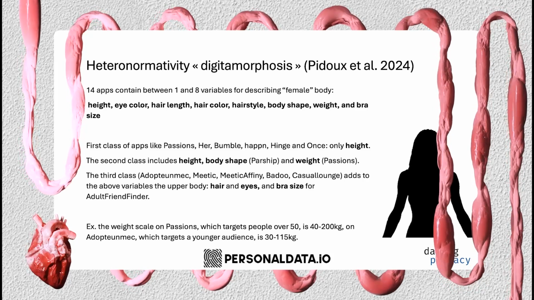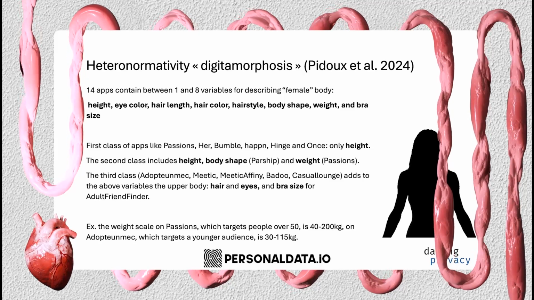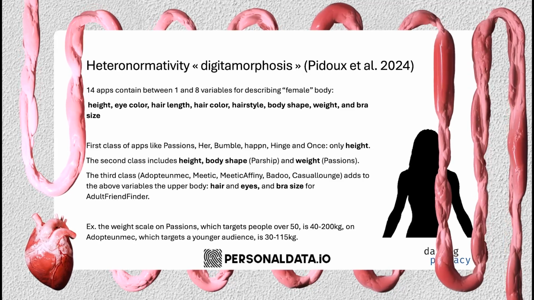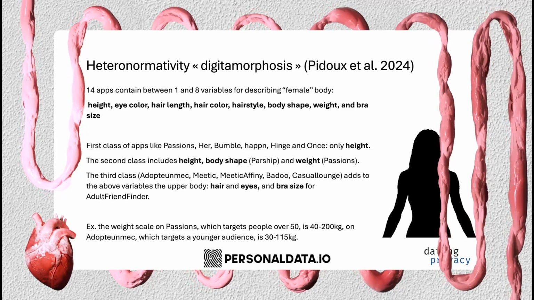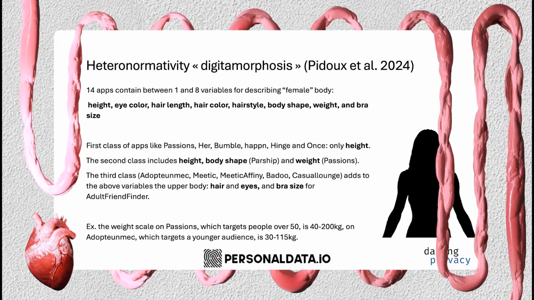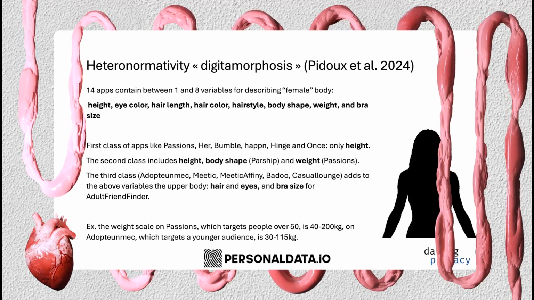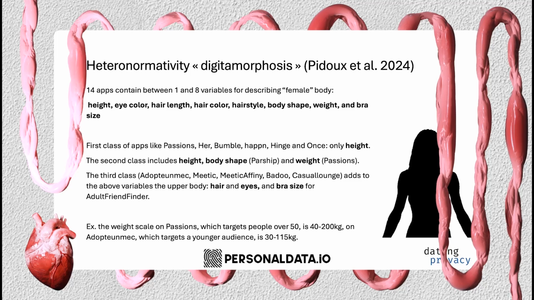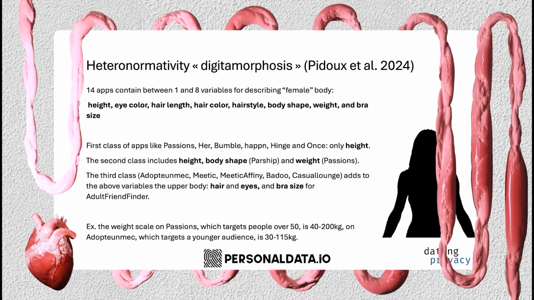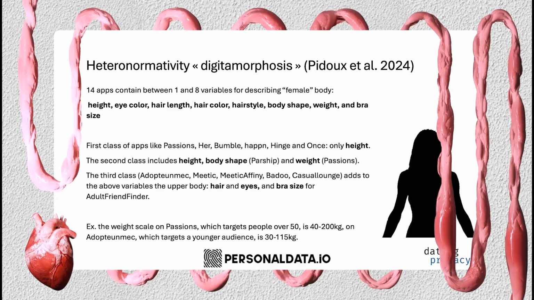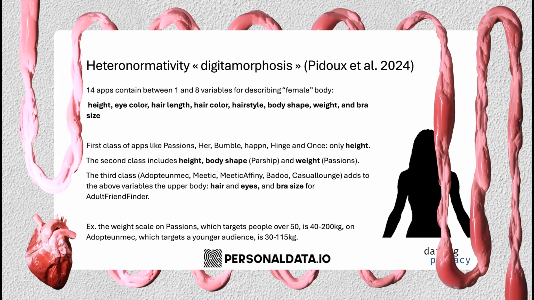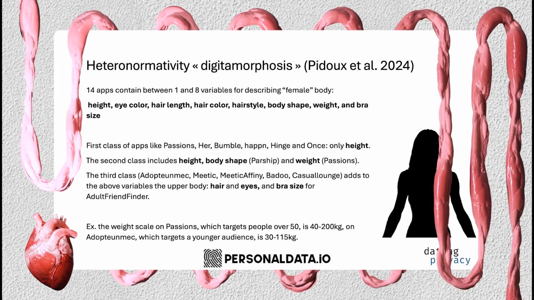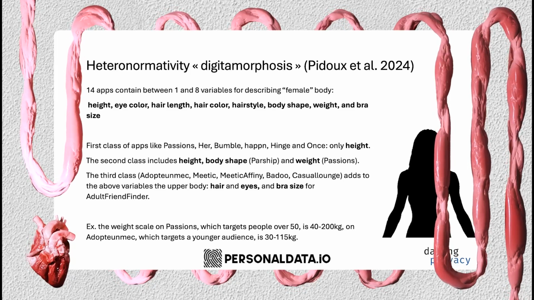We call it digitamorphosis, because it's about how we describe in a numerical format, also with categories. We have numeric representation and categorical representation. How do we describe the women's body? What we found is that it's always described with between 1 and 8 variables, and usually only the upper body is described.